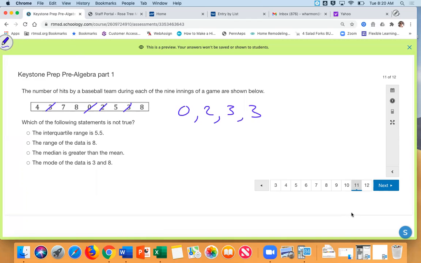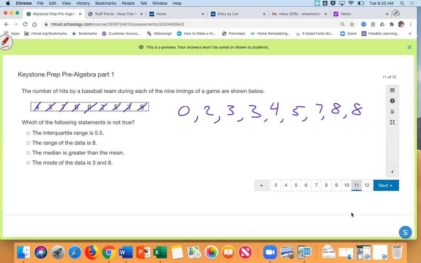Basically, I'm going to try to rule out each one of these so that I can show that it's this one. So you see how I'm ordering it from least to greatest? 4, 5, 7, 8, 8. I haven't even started the problem. I just organized my data. Do you see that? Yeah.